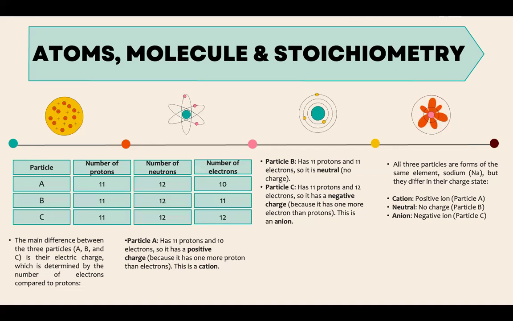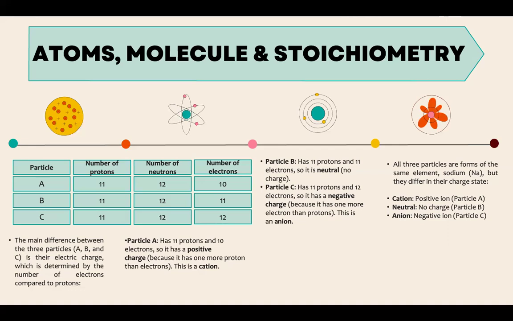Let's look into the table above. The main difference between the three particles A, B, and C is their electric charge, which is determined by the number of electrons compared to protons. Particle A has 11 protons and 10 electrons, so it has a positive charge because it has one more proton than electron.